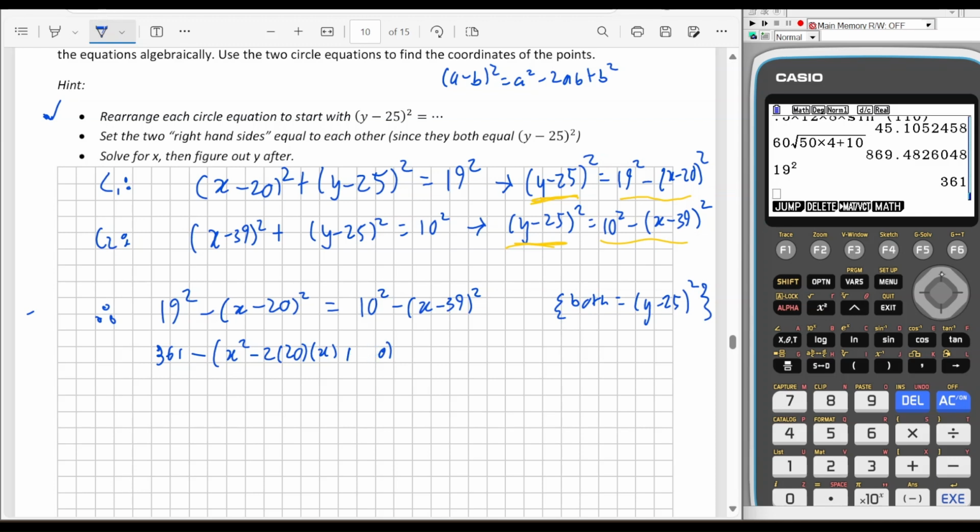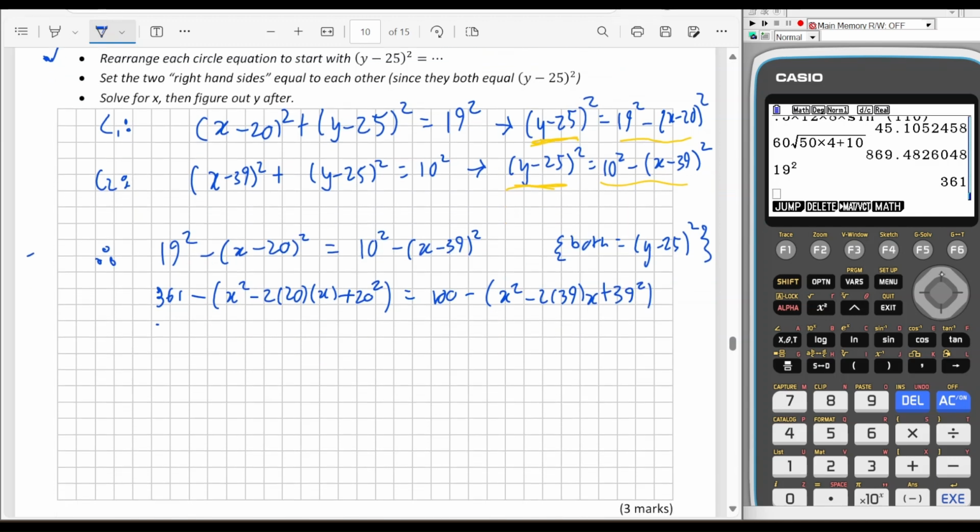Equals, so 10 squared is 100, and we're going to do the same thing here. x squared minus 2 lots of 39 x plus 39 squared. So this is 361 minus x squared. This will become plus 40x in that middle term, and the last term will become minus 400. 20 squared is 400, and we've got to factor the minus into all those.